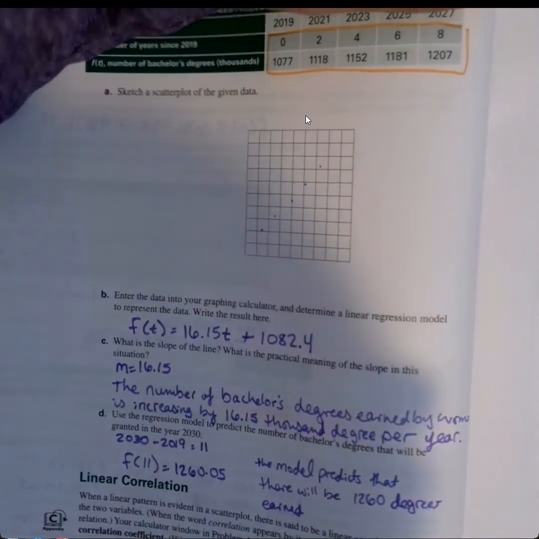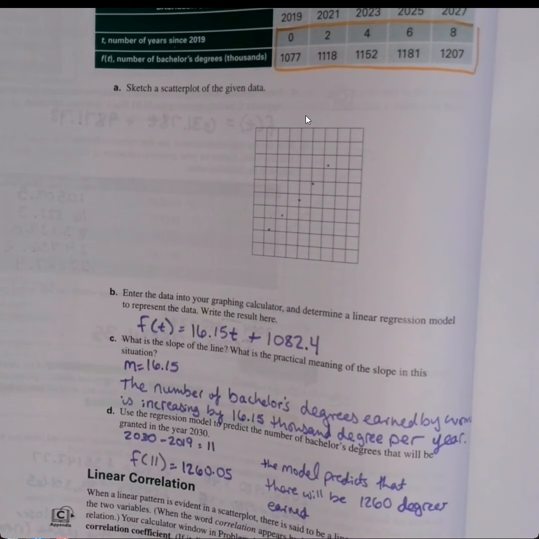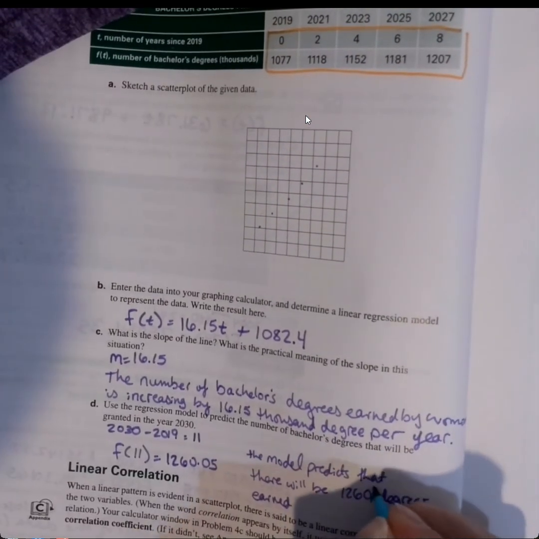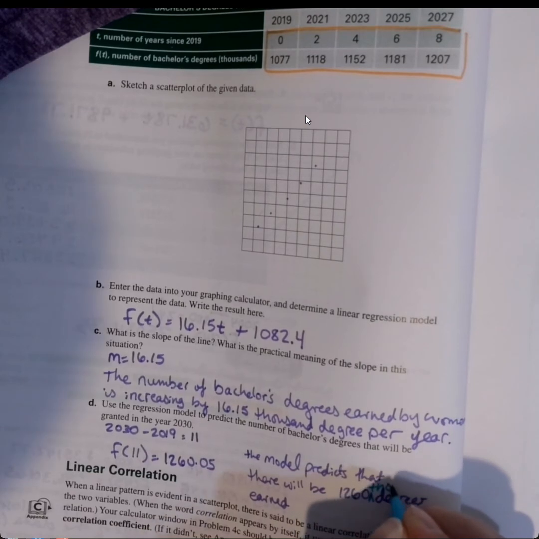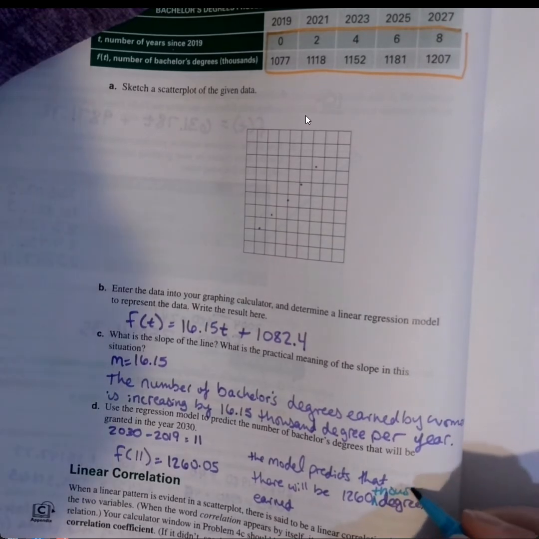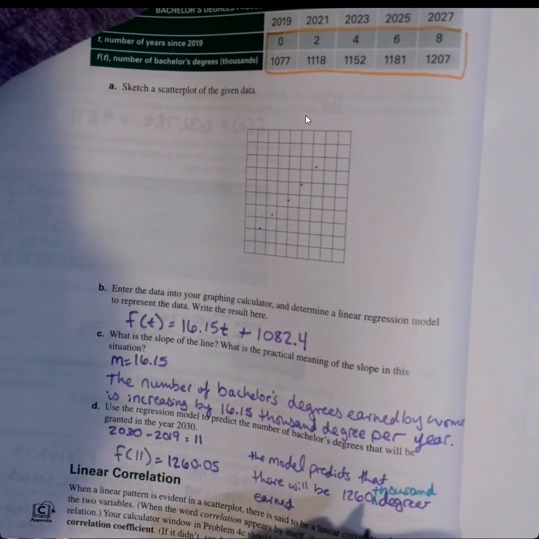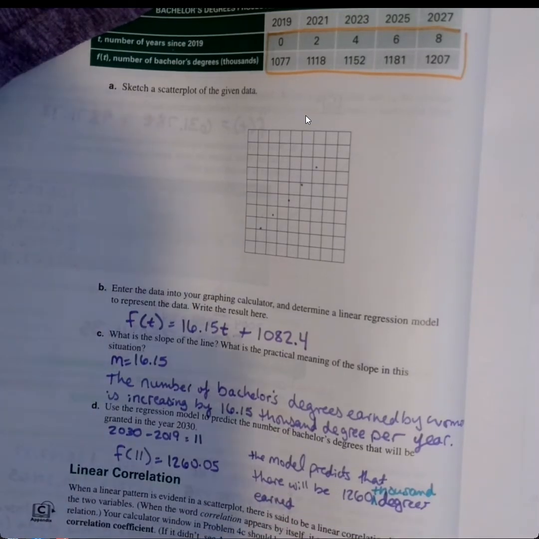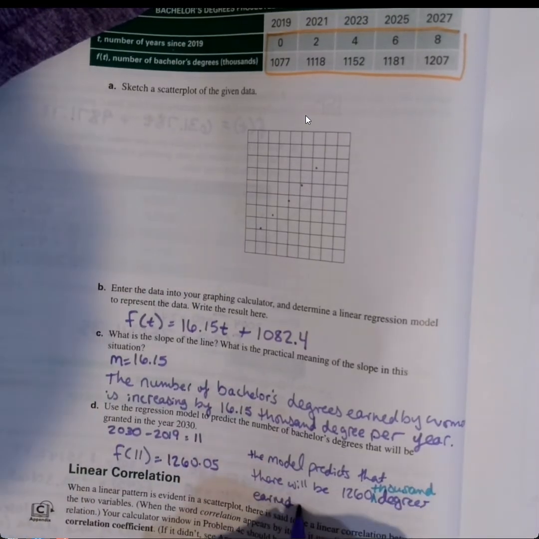I missed units. This is not just 1,260 degrees. This is 1,000. This is 1,260,000, which actually would convert to 1,260,000 degrees earned by women.